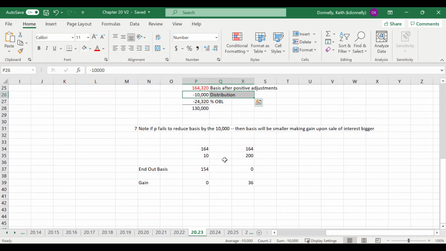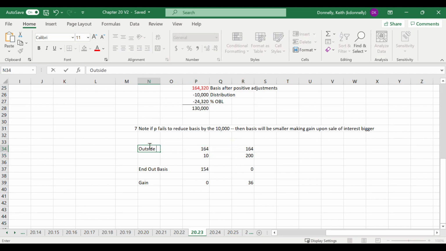But here's the idea that I was saying with regard to distributions and basis. Let's say your beginning outside basis is 164, and you have a distribution of 10 and 200. Well, in this case, with the 164, the 10 is going to take it down to 154. There's no gain. This is just like a return of capital.